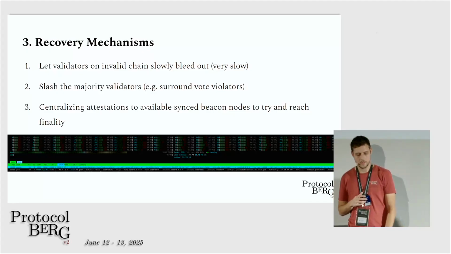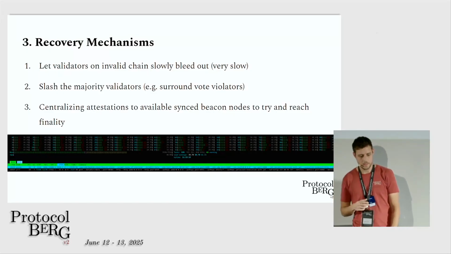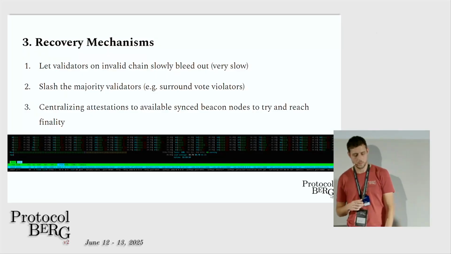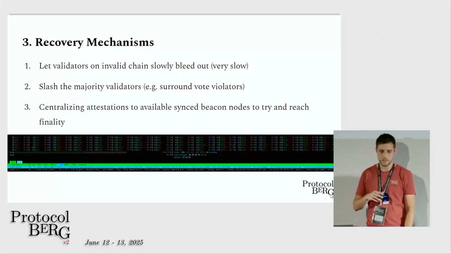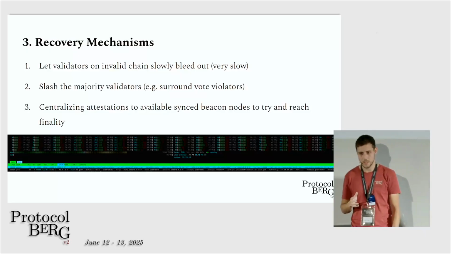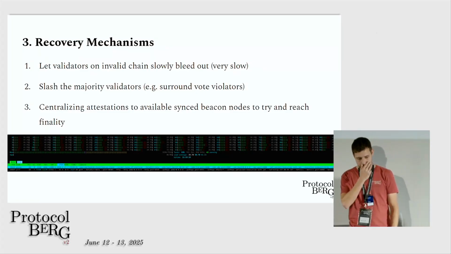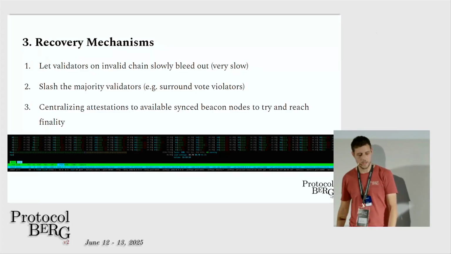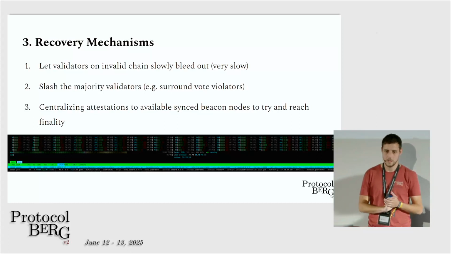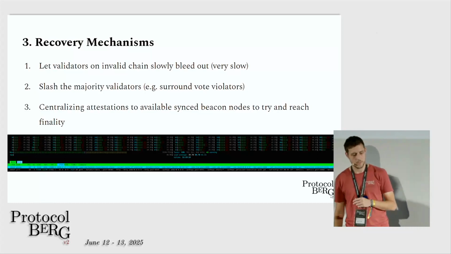So if they would vote on the other chain, they would do a surround vote, which is a slashing penalty, which means those validators would be slashed and ejected from the chain, so also not contributing to building blocks anymore. So by default, the slashing protection prevented this. So we were building blocks, but not attestations.